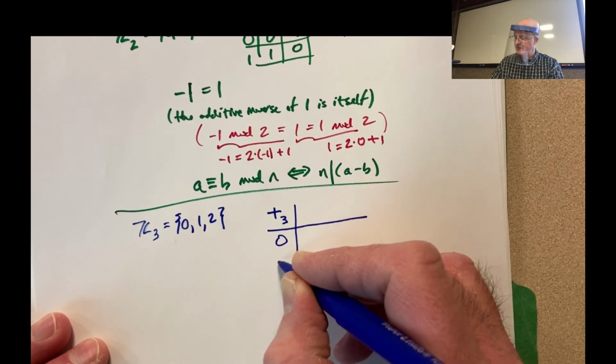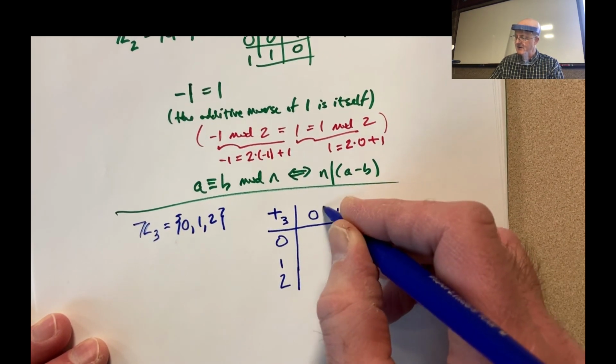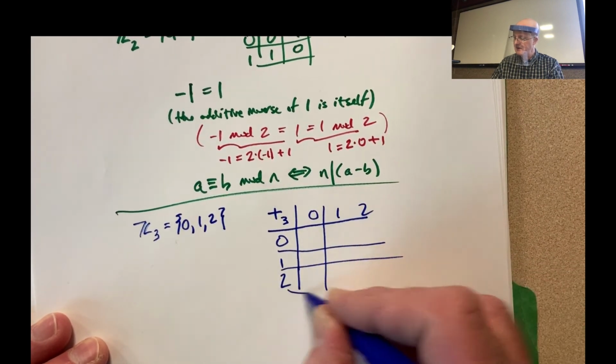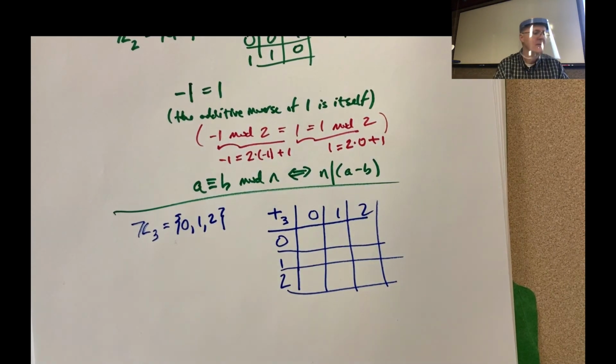Make your Cayley table. You work on that right now. So we're not really doing general things here. We're doing particular examples, though we can point to general things.